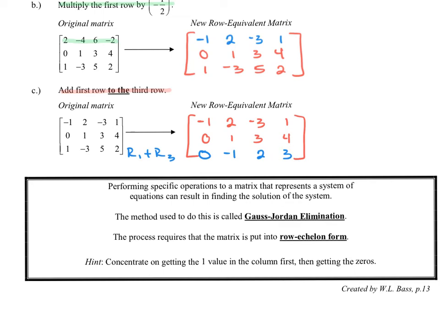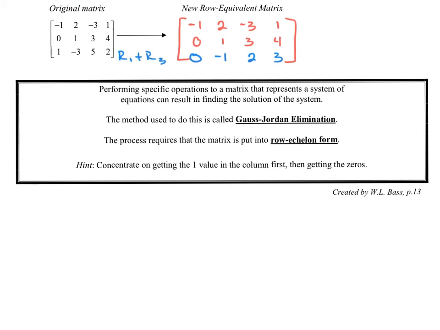Down here at the bottom, I've got a little bit of a summary of the purpose of this, and then we'll move on to the next video where we'll get to the heart of it. When we do these specific operations, this can allow us to find the solution for a system of equations.